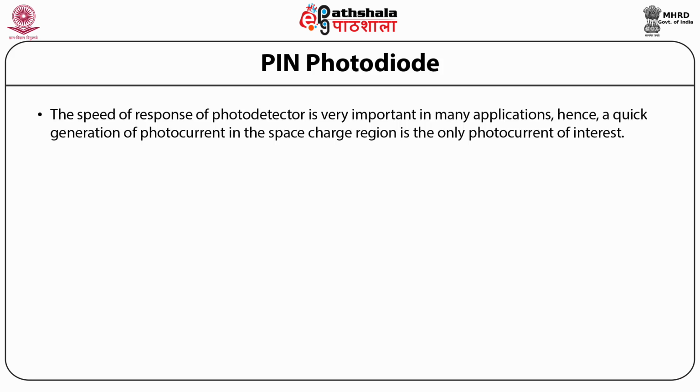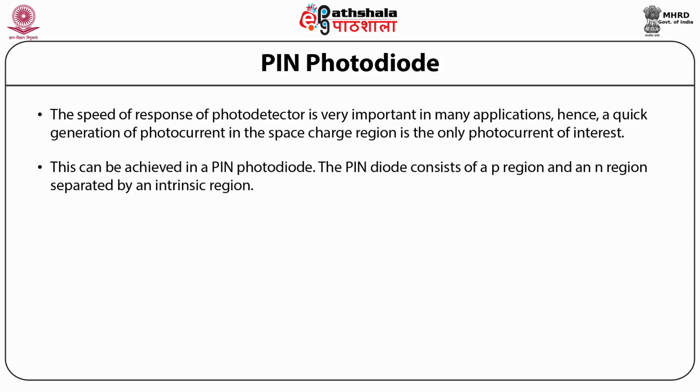So, aiming towards increasing the photodetector sensitivity, the width of the depletion region should be made very large. This can be achieved in a PIN photodiode. The PIN photodiode consists of a P region and an N region separated by an intrinsic region.